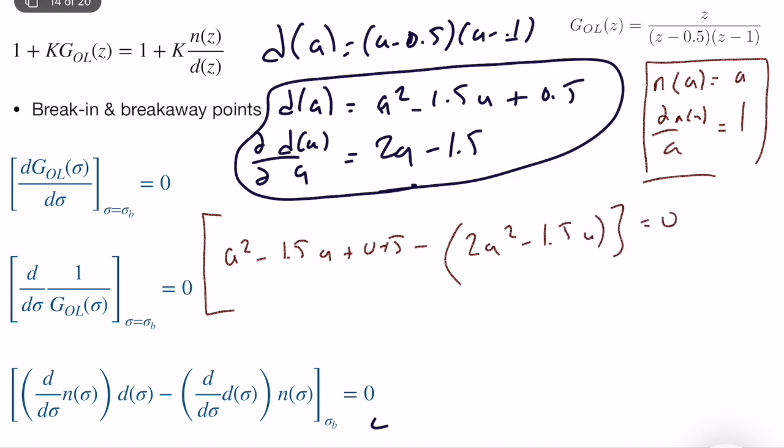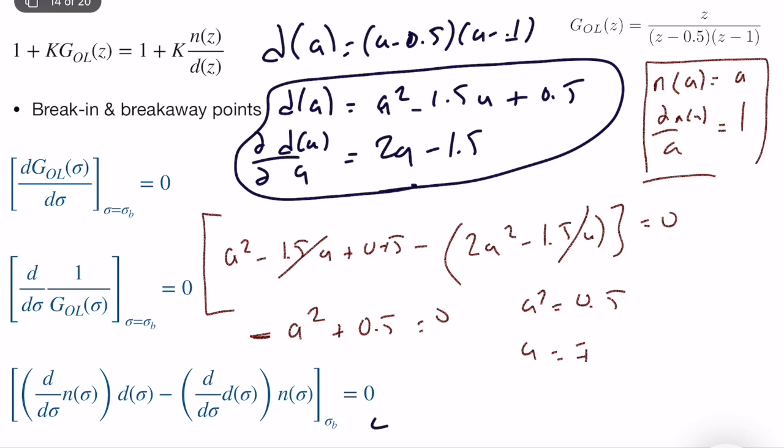Let's simplify it. Minus a squared. Okay, that's good. I think it's not that hard. These cancel each other, which is great, plus 0.5 equal to 0. So a squared is equal to 0.5. So a is equal to plus minus, okay, I think it's correct.